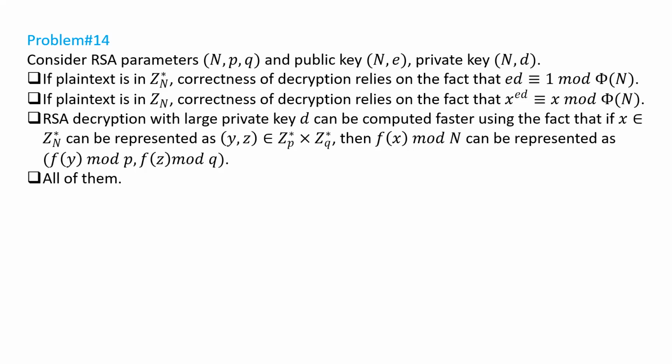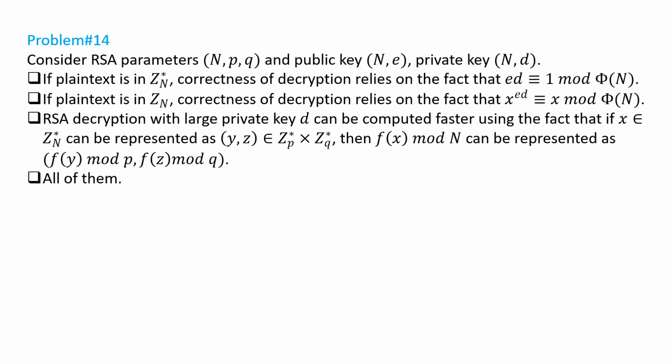The third statement says RSA decryption with a large private key d can be computed faster using the fact that if x belonging to Zn star is represented as (y, z) belonging to Zp star cross Zq star, then f(x) mod n can be represented as (f(y) mod p, f(z) mod q). So basically, let's go through one after another.